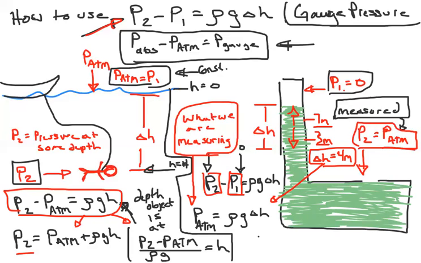Essentially, the gauge pressure equation is the equation that associates pressures with certain depths. And I know we say delta H here, but remember, delta H is any depth that the object may be at. And again, why does this work?